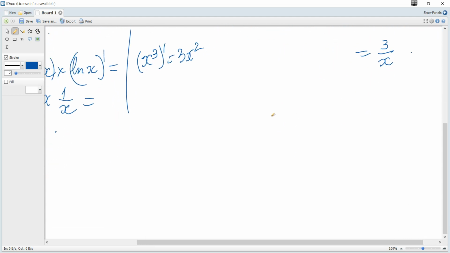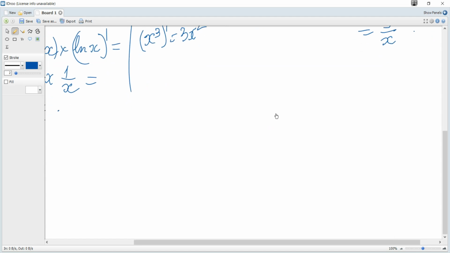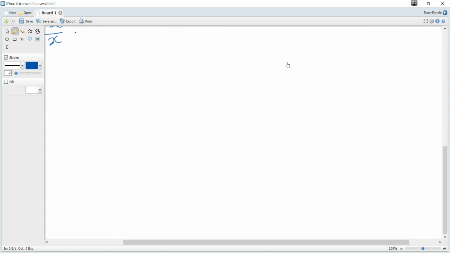If we have both situations, it's actually beyond the syllabus, but I can show, for example, if we have sine to the power of 10 of 2x squared.